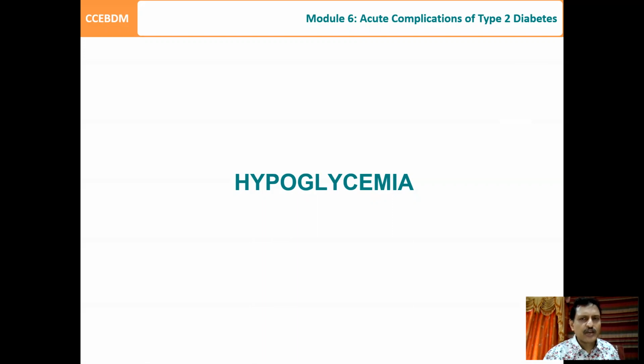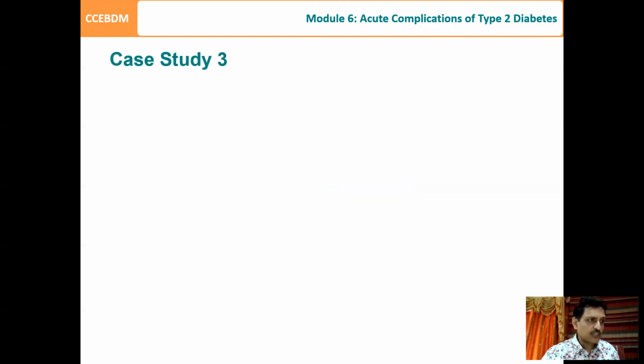Now, hypoglycemia is not unavoidable in most situations, but we should try our level best to manage our type 2 diabetic subjects with complete avoidance of hypoglycemia. Again, I understand it is not possible in many situations.